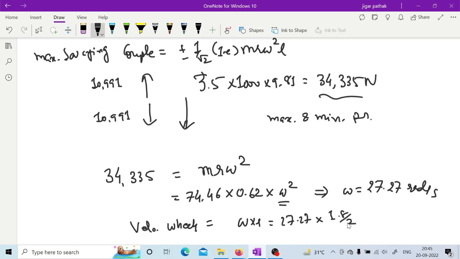This is in meter per second. You can convert it into kilometers per hour by multiplying by 3600 upon 1000. If you do so, the final answer will be around 88.36 kilometers per hour. So like this you can calculate this one. So is it okay?